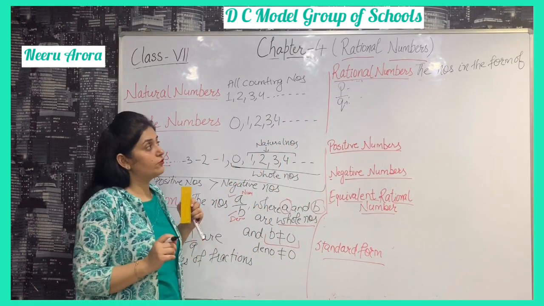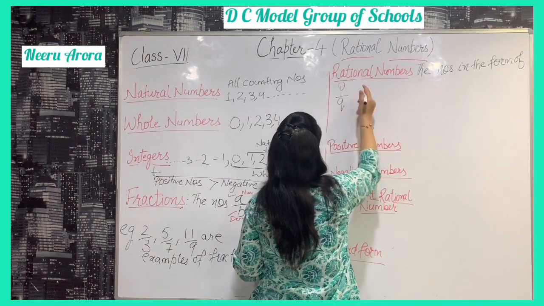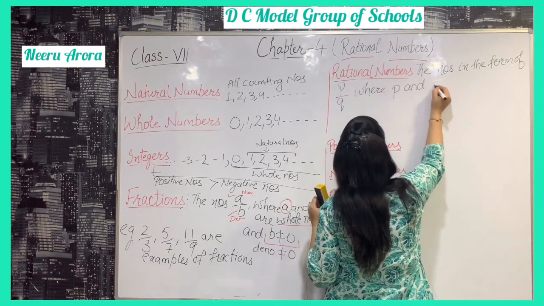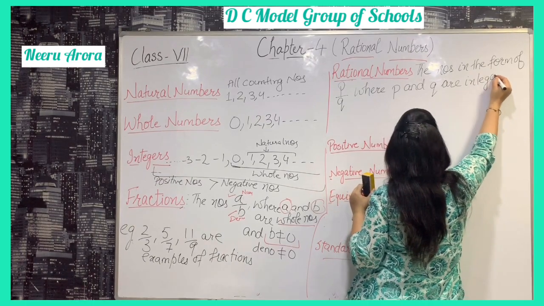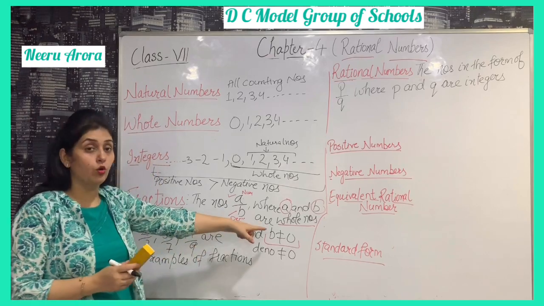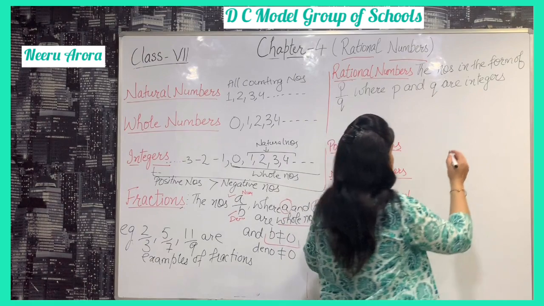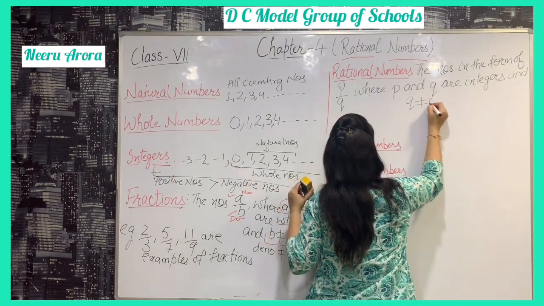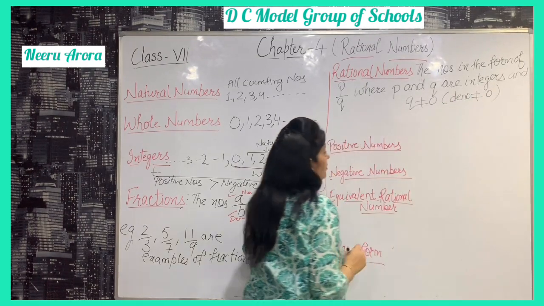The numbers in the form of P by Q, where, now here the condition changes, P and Q are integers. Here it was whole numbers and there it was integers. And the most important condition is Q not equal to 0, meaning denominator not equal to 0.